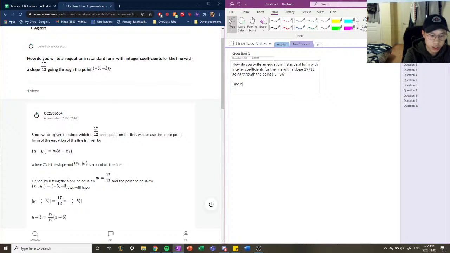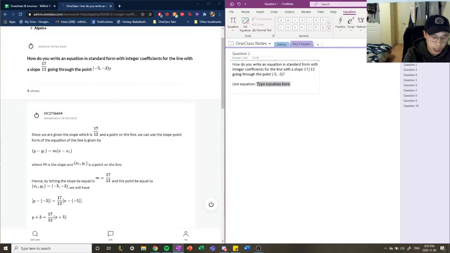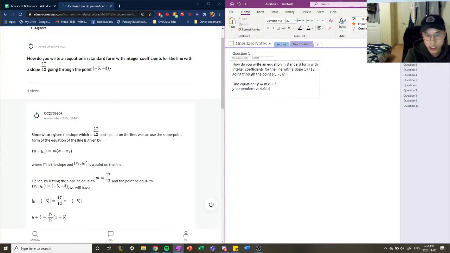So what is a line equation? The line equation, as the name suggests, graphs a line and is of the form y equals mx plus b. y is the dependent variable. What that means is that the value of y depends on what we call the independent variable.